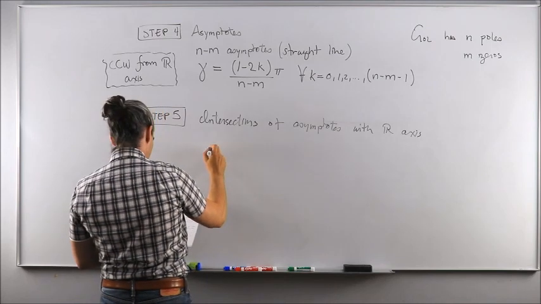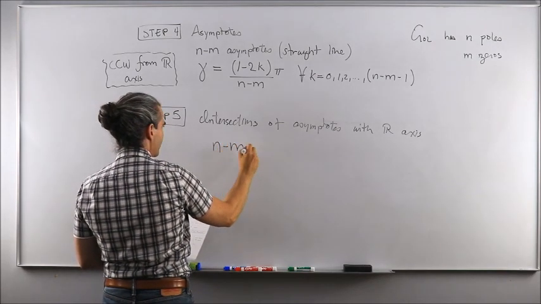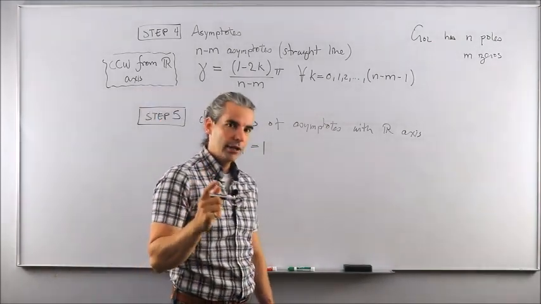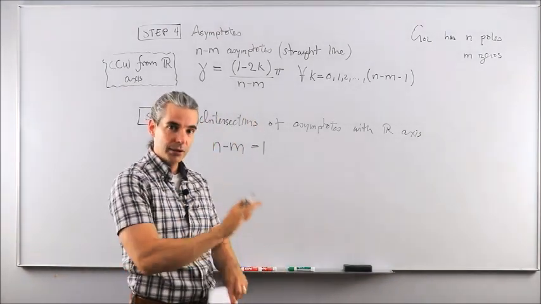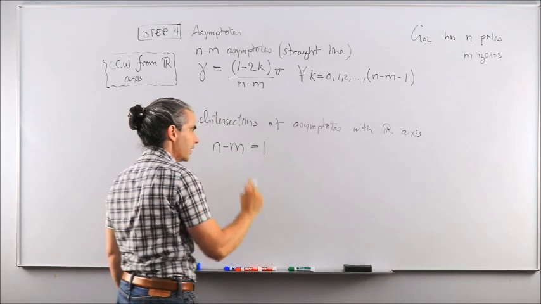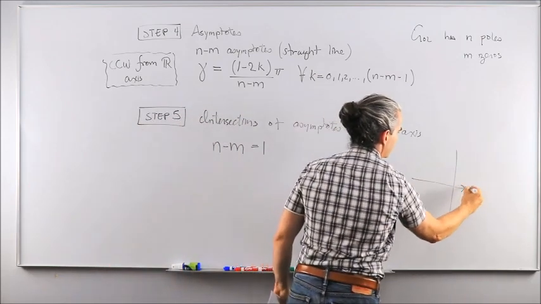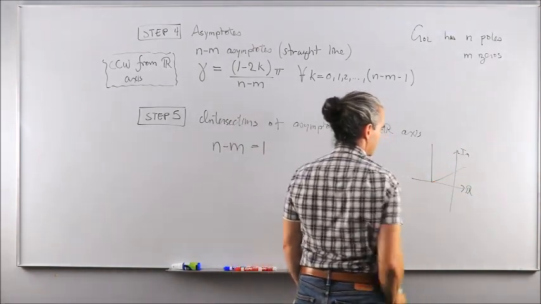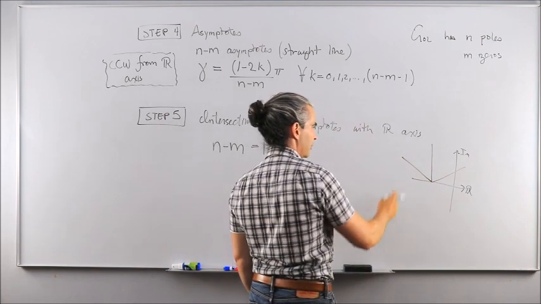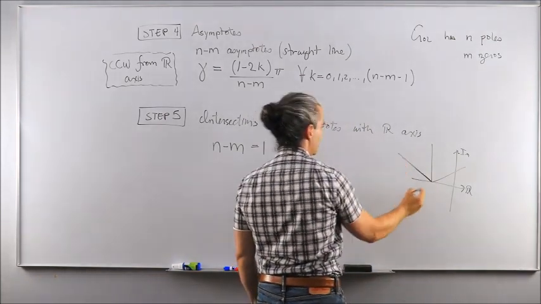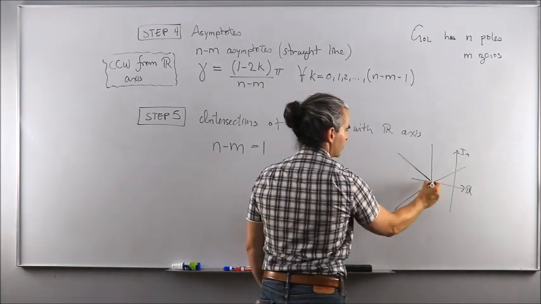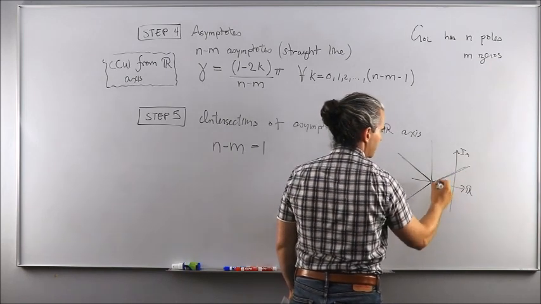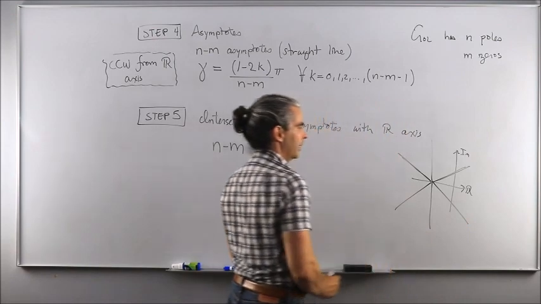Now, there's a specific situation that says if there is only one asymptote, by virtue of step number 1 that told you that the root locus is always symmetrical about the real axis, there's no way that you could get this asymptote to be going like that, or going like this, or even like that. Because by virtue of the symmetry, if there's one going here, you better have another one going down there. If there's one shooting straight up, you better have another one down here. And similarly for this one inclined, say at 45 degrees, there needs to be one at minus 45 degrees.